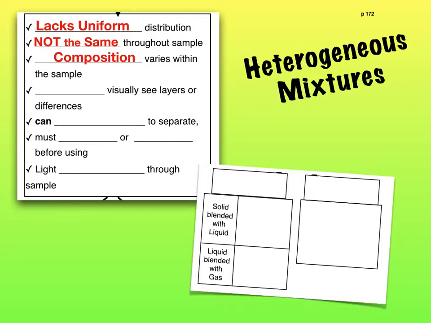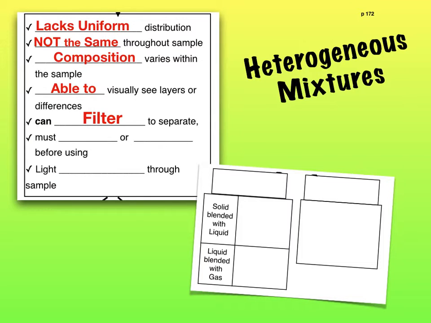And because the composition varies within the sample, typically we are able to visually see layers or differences within the sample. Because there are differences due to particle sizes, usually some really tiny particles and then larger particles, which makes it hard to create a uniform composition, we can typically filter to separate the components of a heterogeneous mixture.